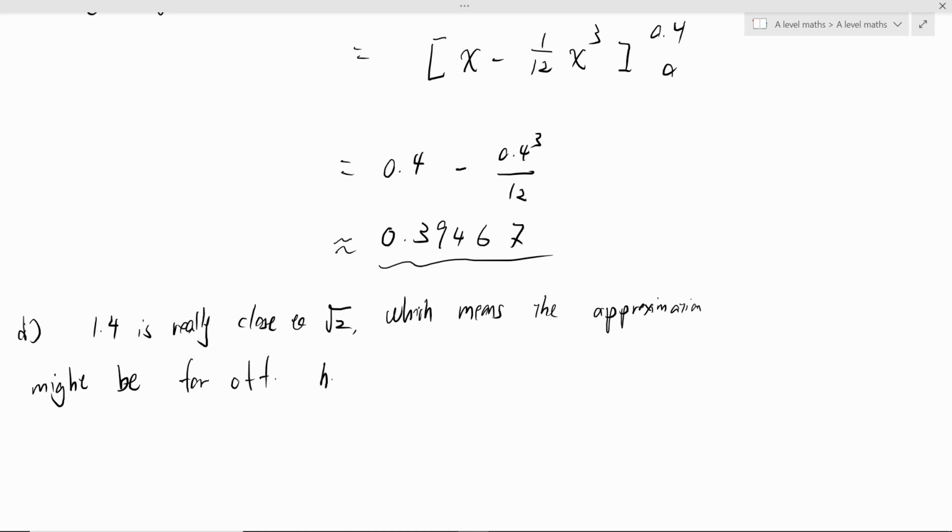Right, and think about it, if you compare it to something like half pi, 1.4 is quite close to half pi, but that's okay, we don't really need to worry about cos x here.